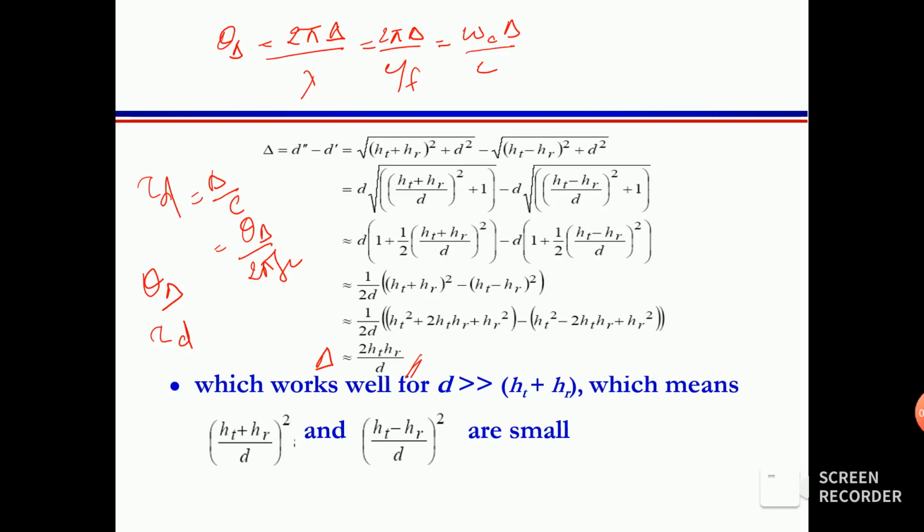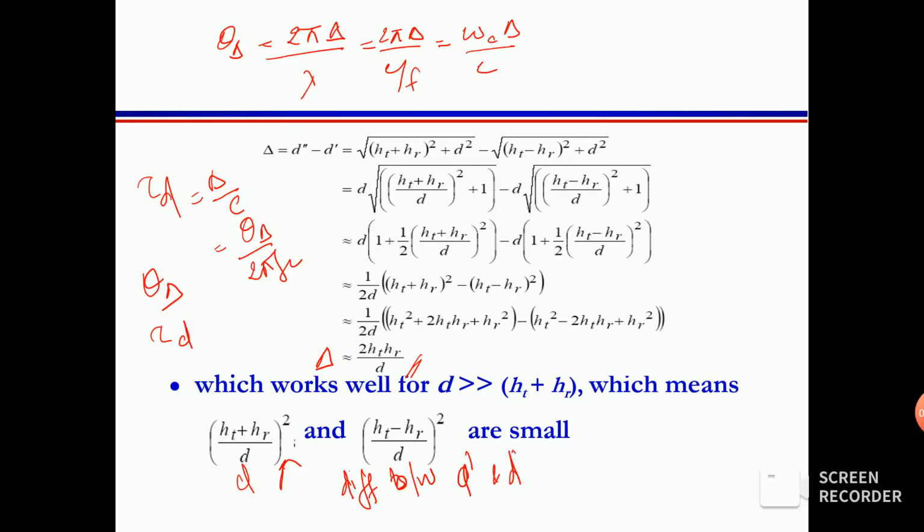One more thing to be noted here is when your d becomes large, the difference between your d dash and d double dash becomes very small, and the amplitude of E_LOS and E_G are virtually identical, and they differ only in phase. That is when your d becomes large.